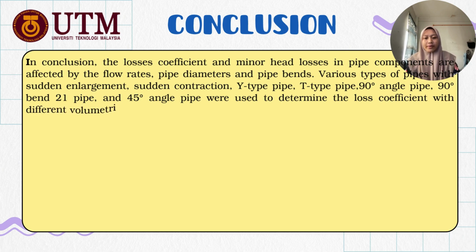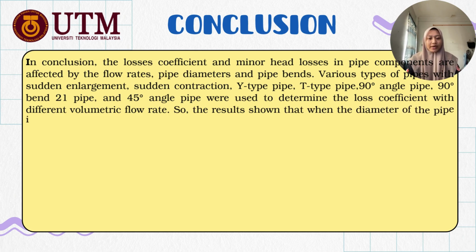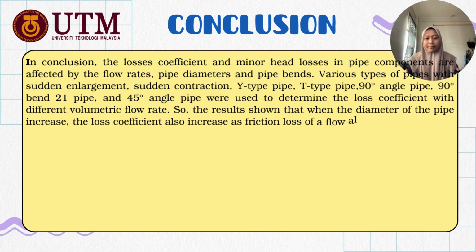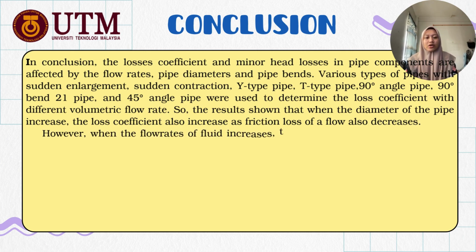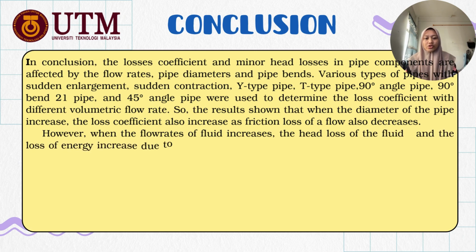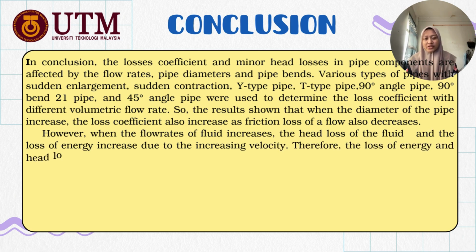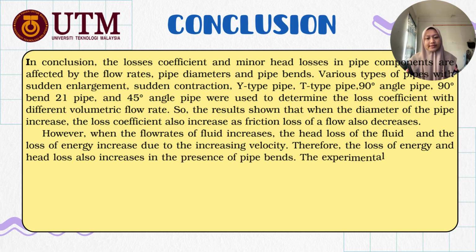Various types of pipe with sudden enlargement, sudden contraction, Y-type pipe, T-type pipe, 90-degree angle pipe, 90-degree bend pipe, and 45-degree angle pipe were used to determine the loss coefficient with different volumetric flow rates. The result shows that when the diameter of the pipe increases, the loss coefficient decreases as the friction loss of a flow also decreases.